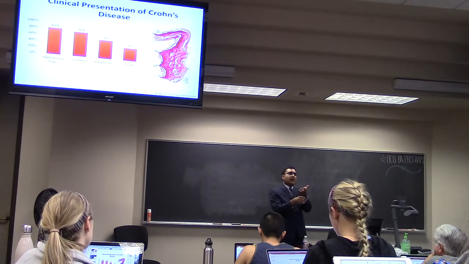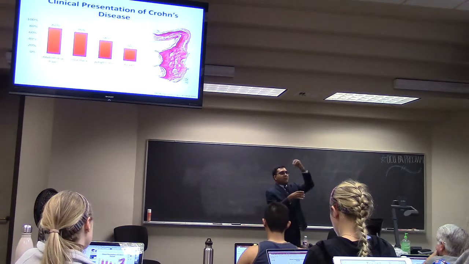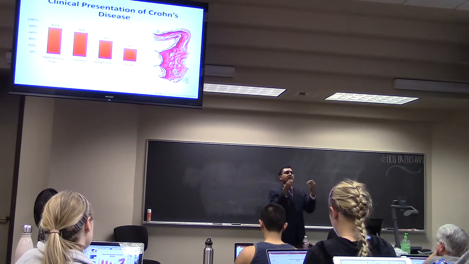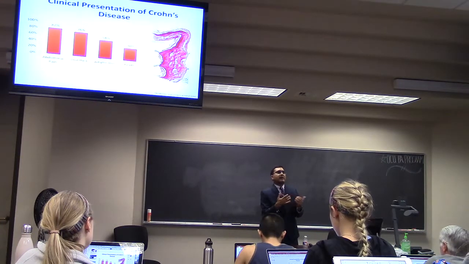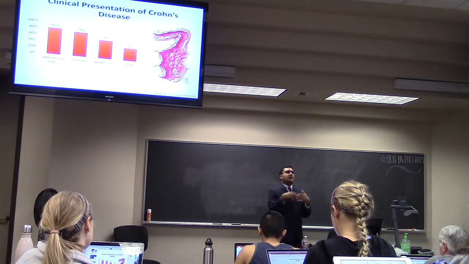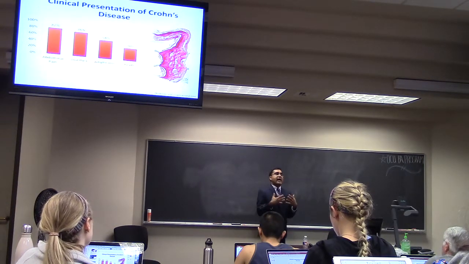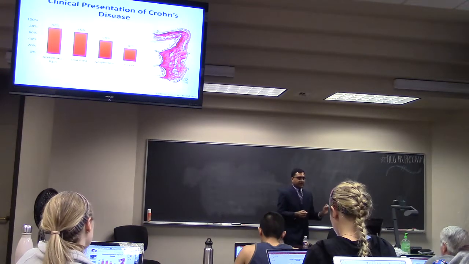When it's obstructed, it's going to cause pain. When it passes through, it's going to cause pain. Because of swelling and inflammation, you're going to have lots of secretions. That's why you're going to have diarrhea. Because of inflammation, you're not going to absorb nutrients and you're going to lose weight. And because a lot of inflammatory proteins are secreted, you're going to have fever. What's the cytokine that is associated with fever?